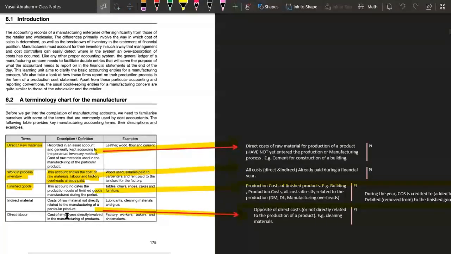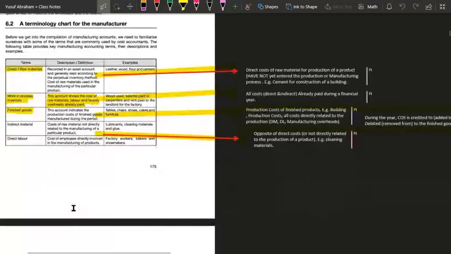You have your finished goods. This is also going to be an account, right? It's going to indicate what has come out of the work in process. All right, and think about your economics.